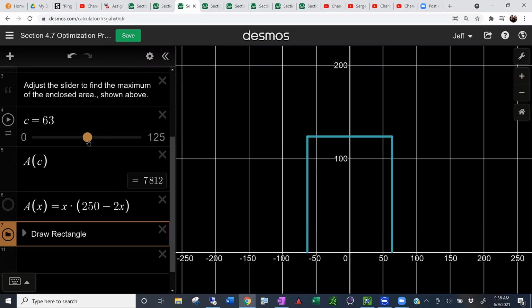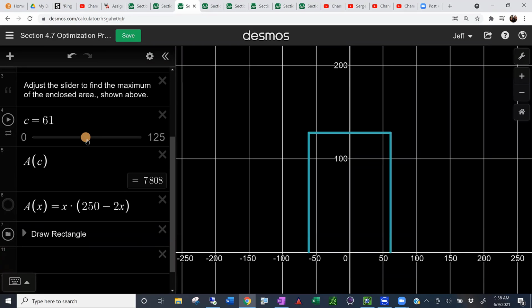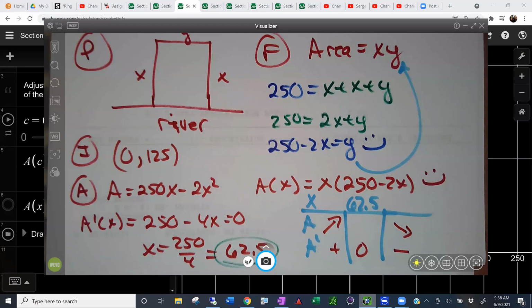Yeah, you can get close, but not anything bigger. So that is a maximum. All right. So a little bit better in terms of an applied problem. Comments or thoughts on this one?